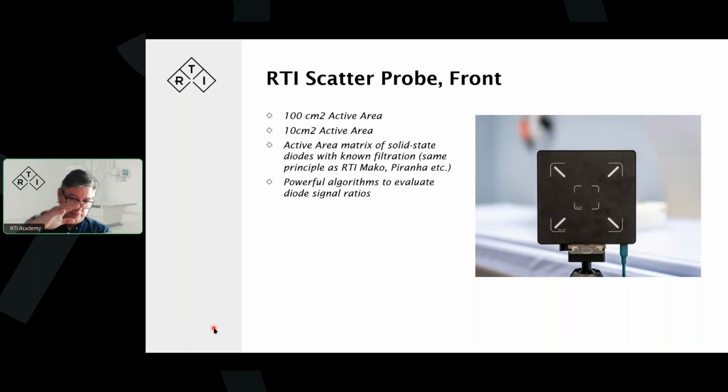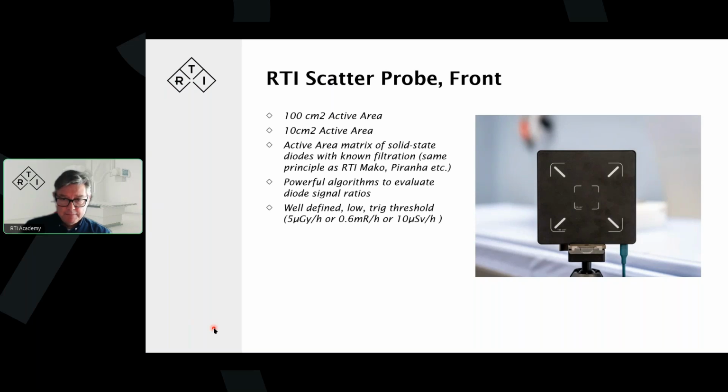Since we have filtration between the diodes, that gives us a ratio of radiation, and by combining these different ratios with the known filtration, we can work out what the level is. And also being modern, they're fast, so they have a very fast signal response on top of everything.